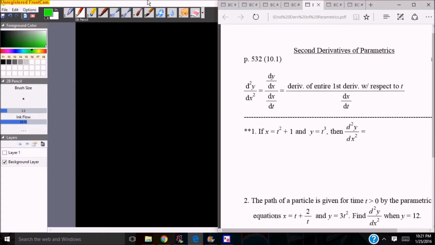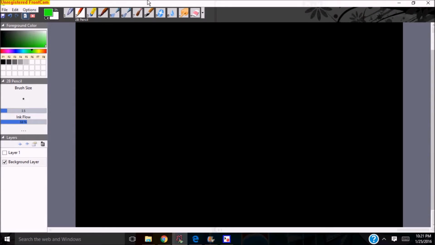So here we are, moving into note card 33, talking about the second derivative, and I'm just going to go ahead and move into this problem. x of t is t squared plus 1, y of t is t cubed.